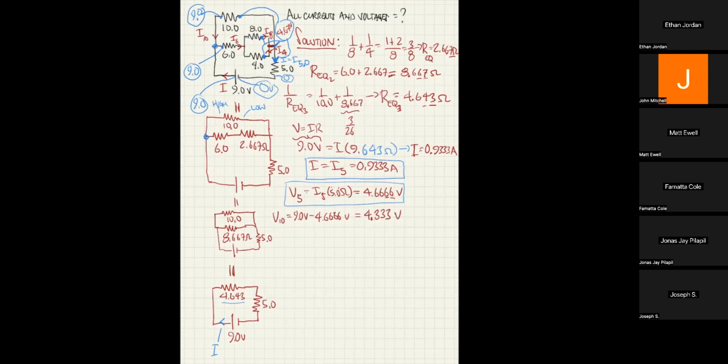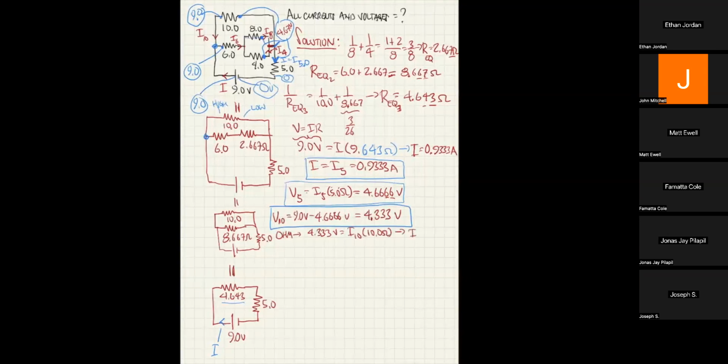Okay. So I now know the voltage across the 10 ohm resistor, excuse me, since I'm talking about voltage. I now know that voltage across it is in fact 4.33. And of course, Ohm's law tells us that 4.333 volts is equal to I10 times 10.0 ohms.